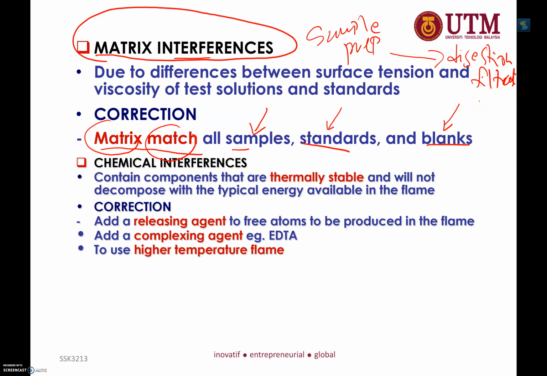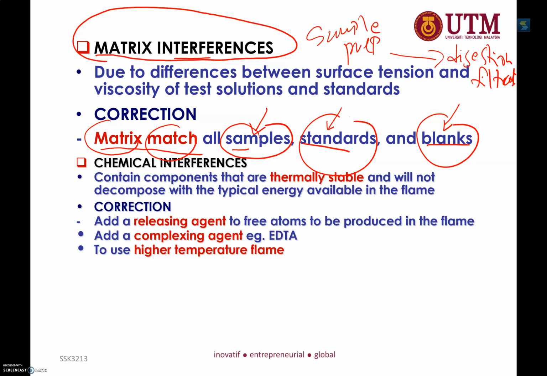Everything is treated fairly, and we see what signal is given with the matrix as background. If the sample faces matrix interference, the standard and blank must face the same thing.